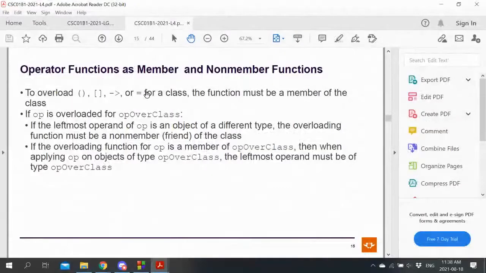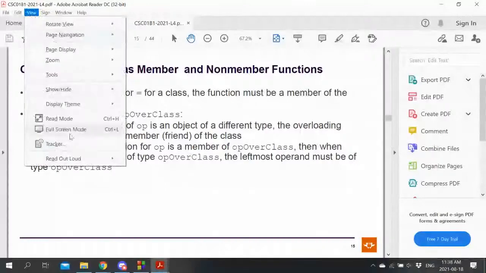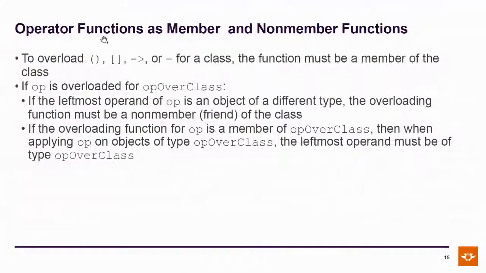So these have to be member functions, if the operator is overloaded for it. I think this is what I said earlier. The basic implication, if you're a member function, is that you're the left-hand side of the class. This is how you decide whether it should be a member function or a non-member function.